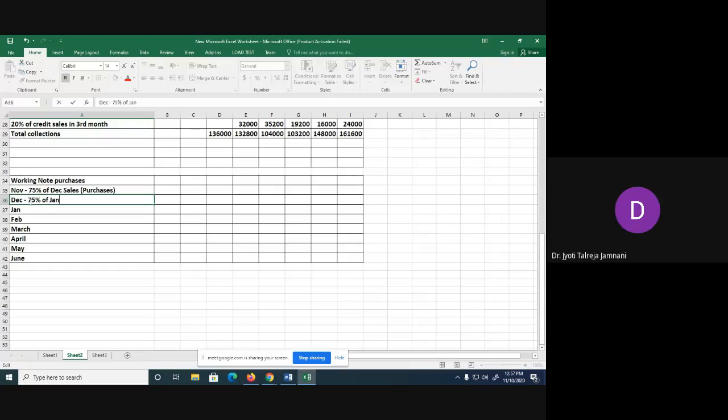So we are purchasing it in advance, so January we will purchase in December only. Similarly, for January it will be 75% of which month? Feb sales. So this is how the logic has to work. I hope it is clear. Yes, ma'am. Just copy and change the months.